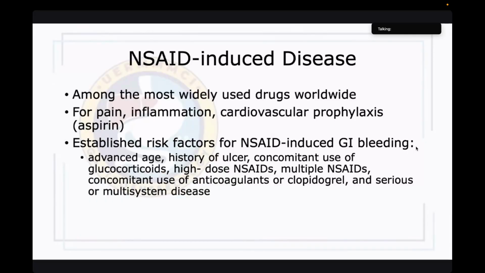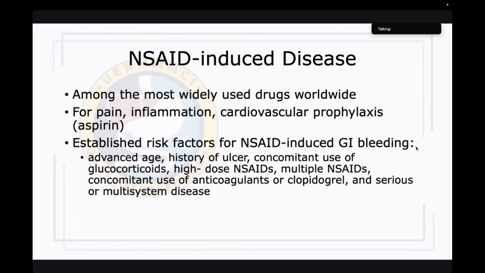Now, despite the fact that NSAIDs are used left and right, being mostly an over-the-counter drug, not all patients who take NSAIDs have peptic ulcer disease or have bleeding related to peptic ulcer disease.